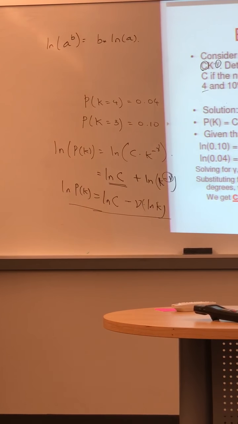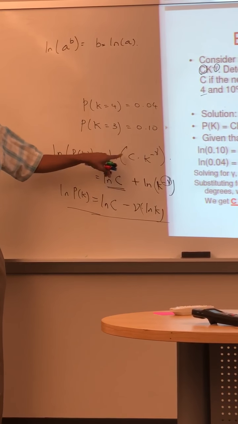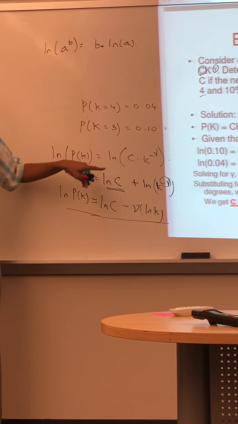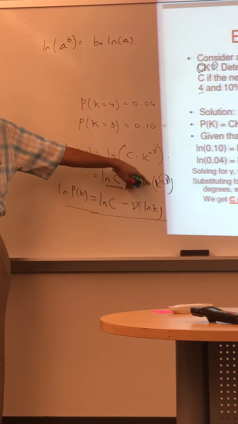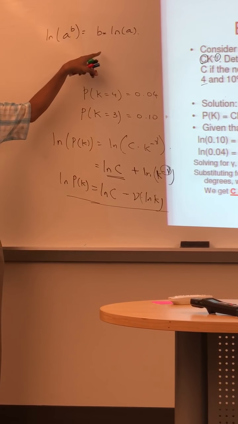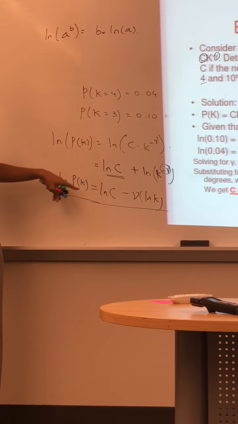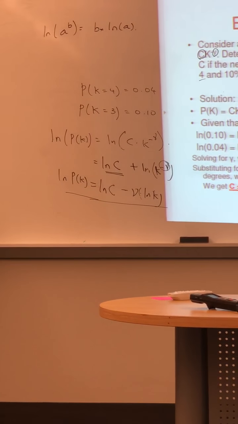Is that clear? If we just apply the property of logarithm, log of C times k to the negative gamma is log C plus log of the second term, k raised to negative gamma. Anything like log a raised to b is b times log a, so this is minus gamma times log k. Now why did we write it like this?